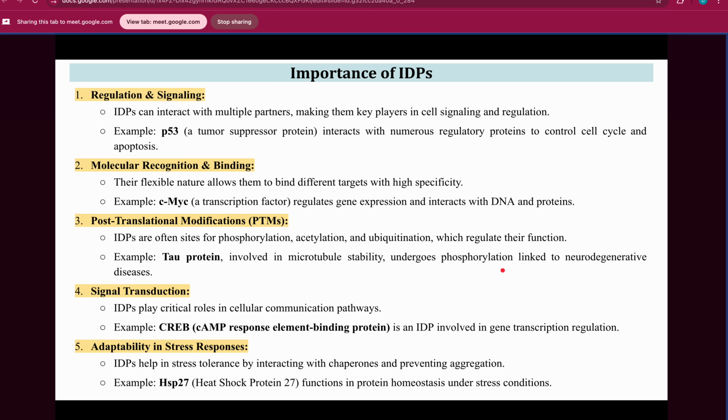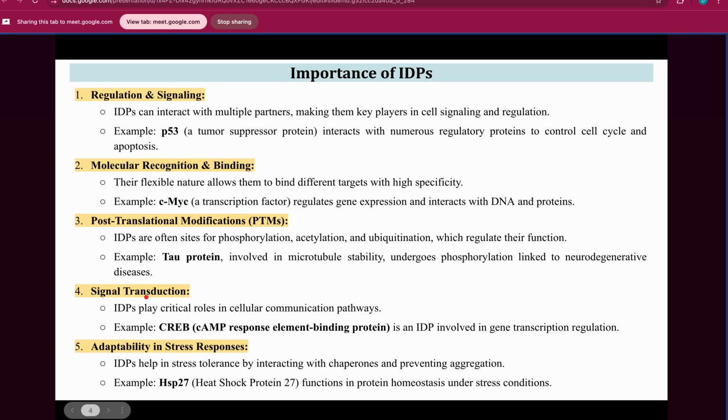It undergoes phosphorylation, which is linked to neurodegenerative diseases. So you can see how phosphorylation is influencing this particular protein. In this way, they provide the site for these modifications, and these modifications ultimately bring about some functional consequence. This is also one such importance of IDPs.